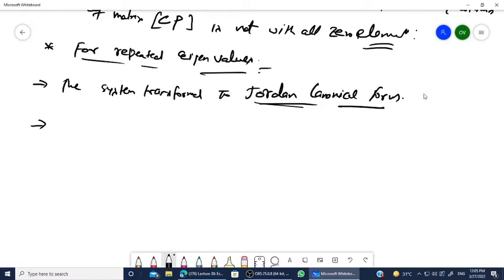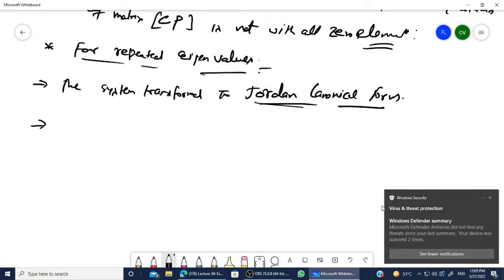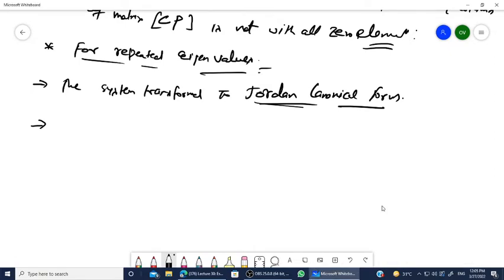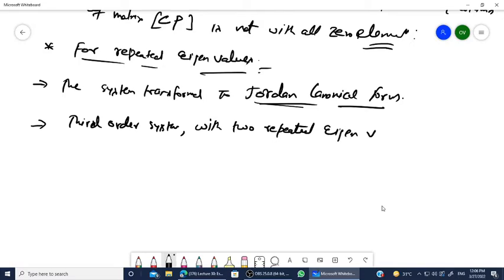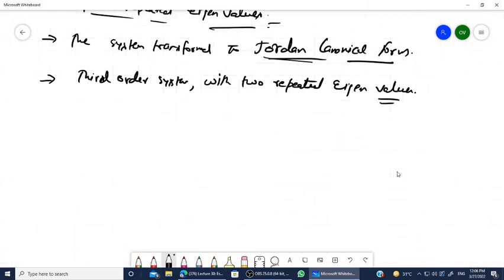So let's say we have a third order system. Just taking an example, a third order system with two repeated eigenvalues or poles. So try to draw the Jordan canonical form of a third order system where two eigenvalues are repeated.